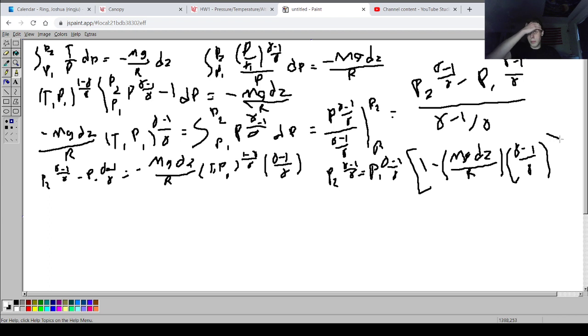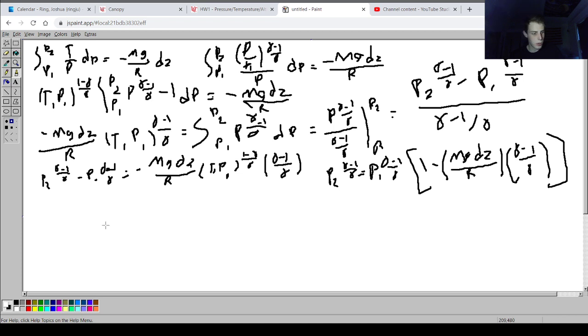And now we are on to our last step. We are just going to move this gamma minus 1 over gamma over here so we can get our P2 alone.